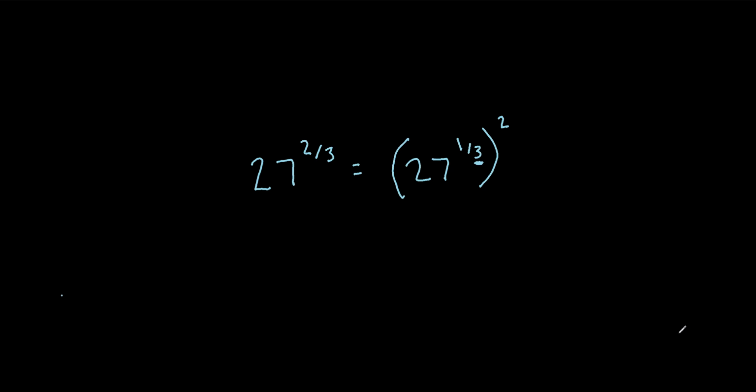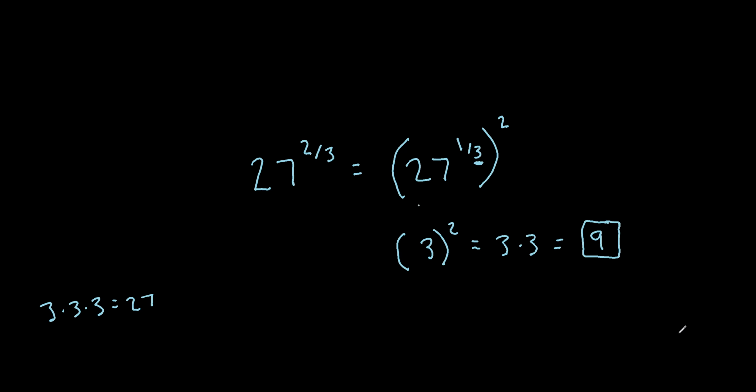Well, it turns out that number is 3, because 3 times 3 times 3 is 27. So 27 to the 1/3 is 3. So we're left with 3 squared. Well, that's just 3 times 3, which is 9. So 27 to the 2/3 power is 9.